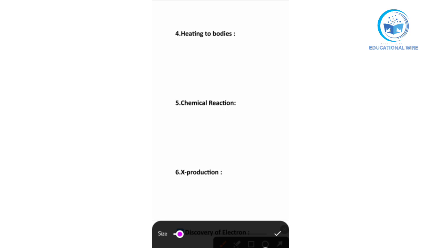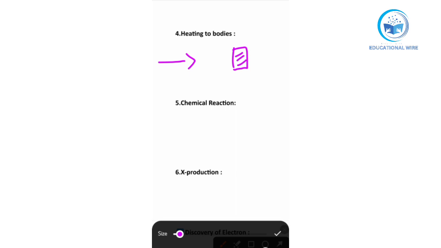So in penetration, what happens is that when cathode rays pass and have low mass and charge, they penetrate but do not move completely through the wall, they penetrate there, so it's called penetration. Okay, now talking about heating to bodies, likewise we have cathode rays over here, and let's put one paper over here.